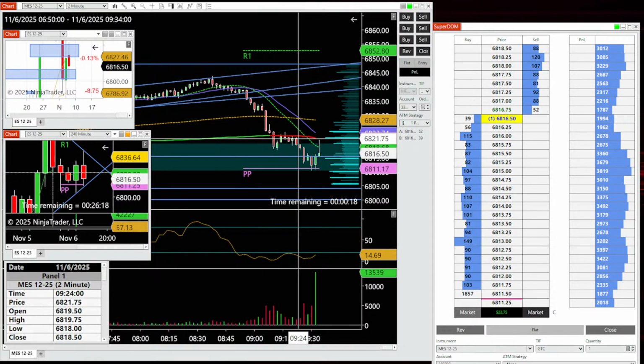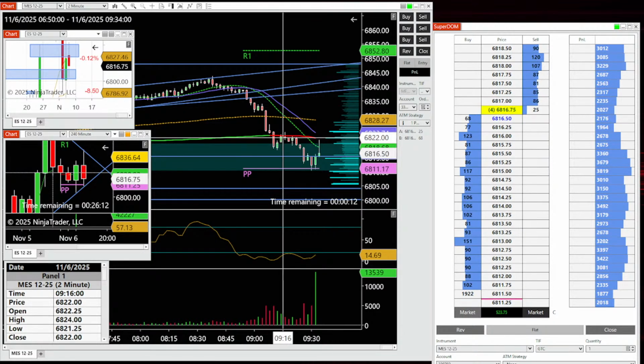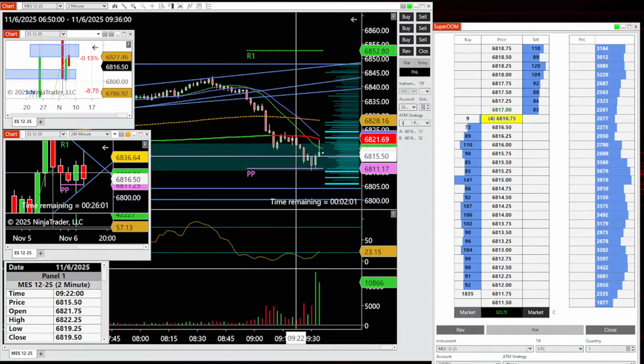But there we go. Back up to this line. Just seems like price likes this and it's VWAP. Gonna hold that support.